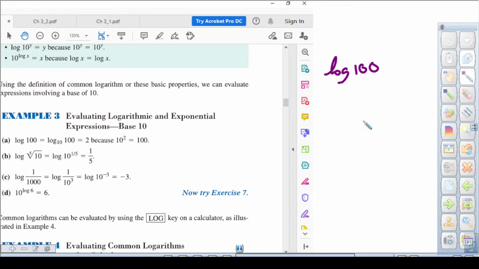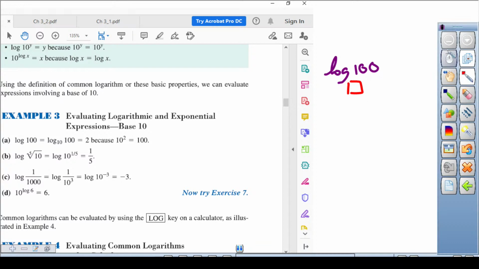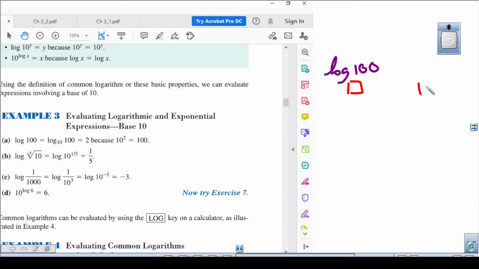So think about this for a second here. Log 100, I could break this up a little bit. What's the base here again? There's a 10 hiding somewhere. So if I could make this 100 look like something with powers of 10, I'll be fine. Basically, you're asking yourself, 10 raised to what power gives you 100?